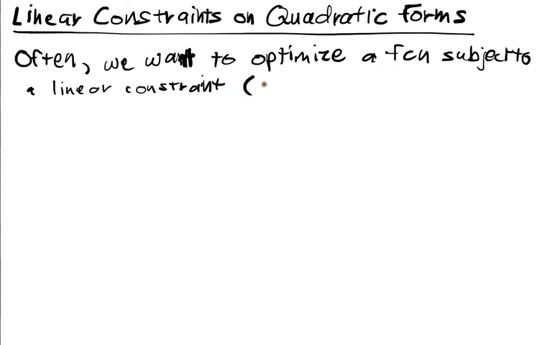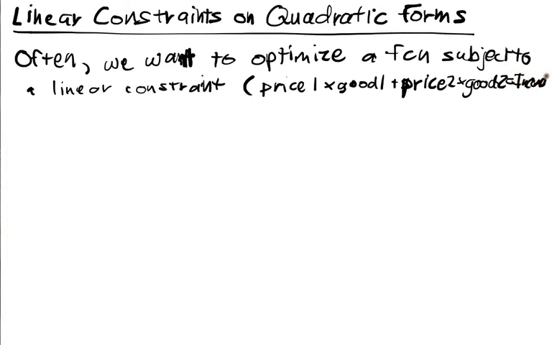So maybe price 1 times good 1 plus price 2 times good 2 is equal to income. That's like a simple linear constraint if we say fix the amount of the prices. The simplest example is, of course, the linear constraint with quadratic form.